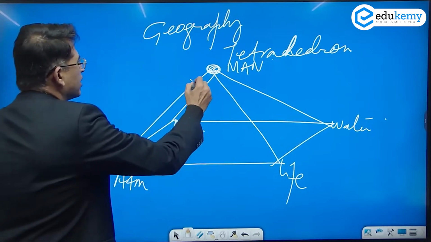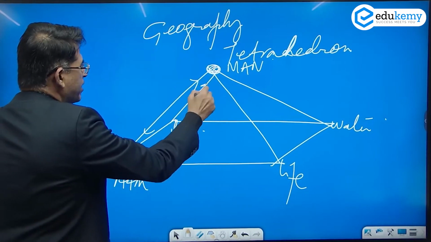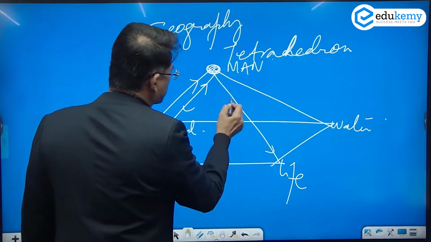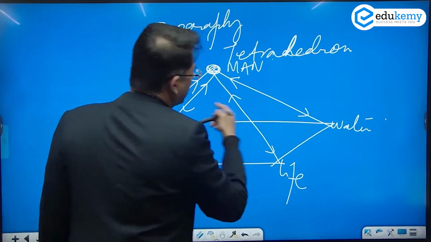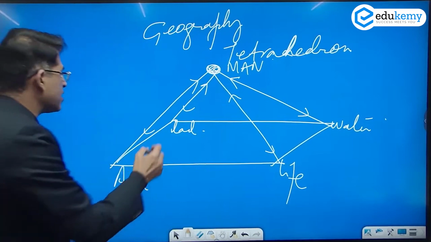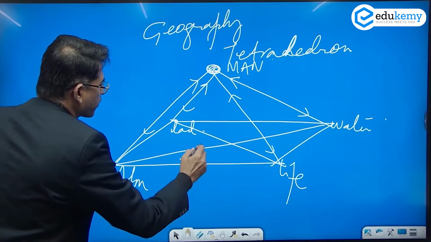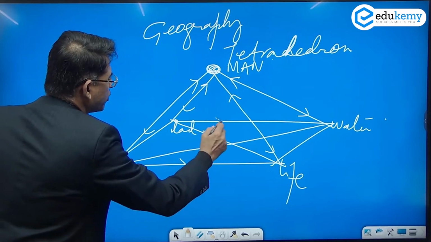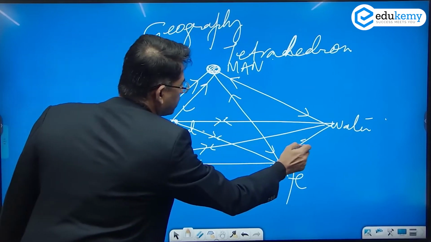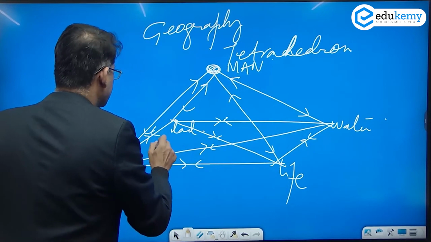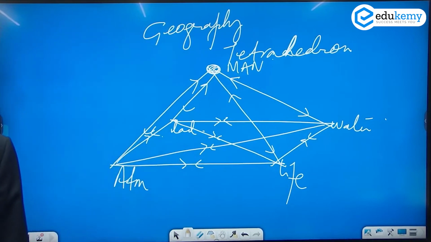Geography studies the relationship of man with each of these domains, with all of the components, plus the relationship of these with each other also. The relationship of each with each other. This is what's called the geography tetrahedron.